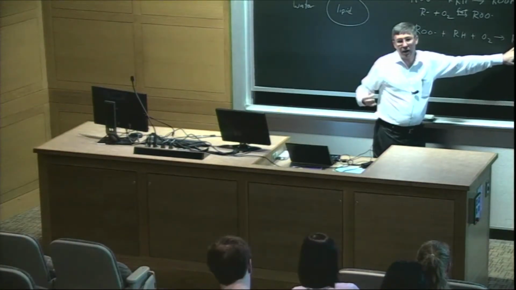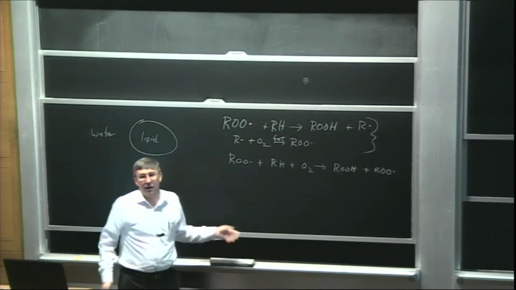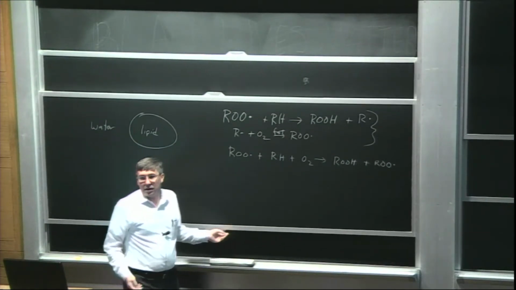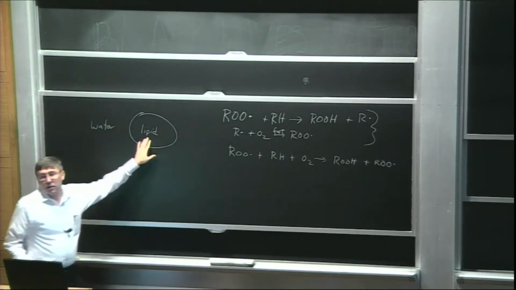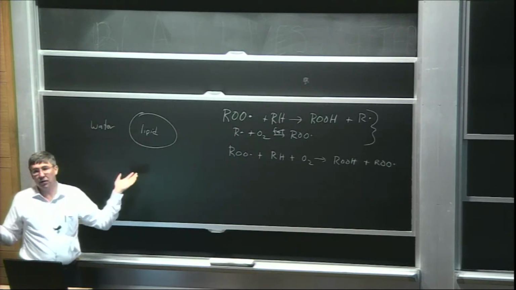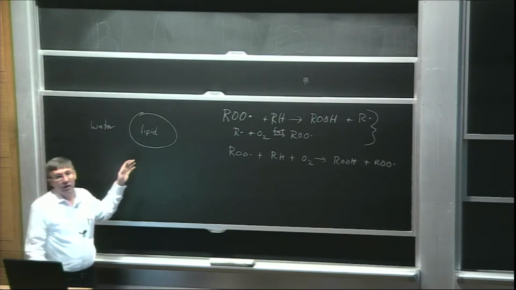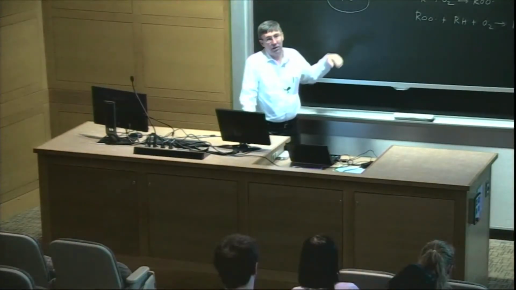When this level gets too high, your body will detect it as inflammation and you'll have all kinds of trouble. Okay, so we'd like to understand this. Now these vesicles are very small, so you might have only a very small number of radicals in there. Also, your body has a lot of antioxidants in it, like vitamin C, and vitamin E, and some other ones too. And the antioxidants are trying to get rid of radicals.